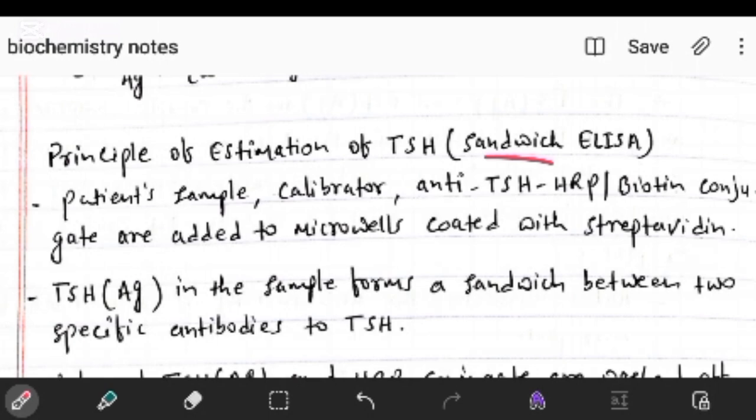Principle is patient sample, calibrator, anti-TSH HRP bound antibody conjugate are added to microwells coated with streptavidin. TSH antigen in the sample forms a sandwich between two specific antibody.